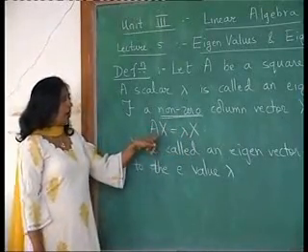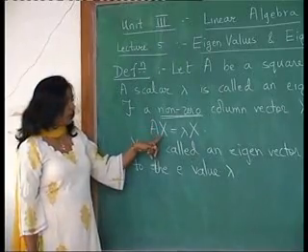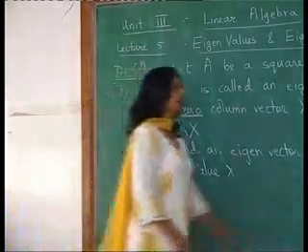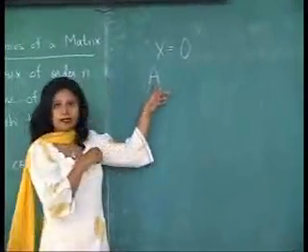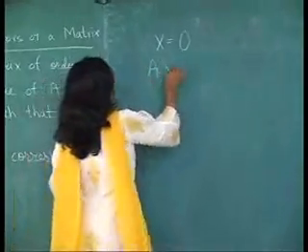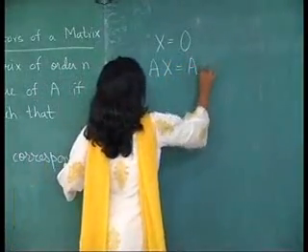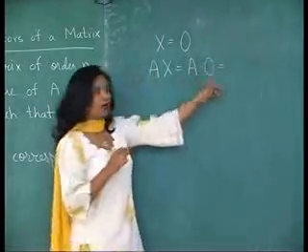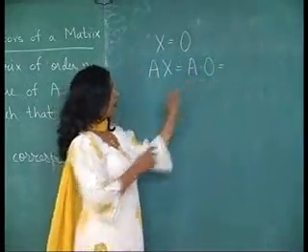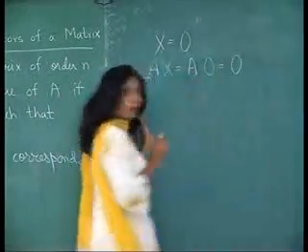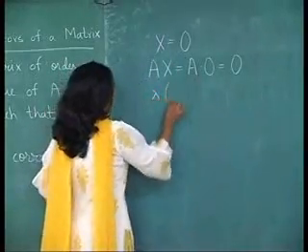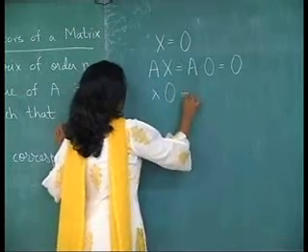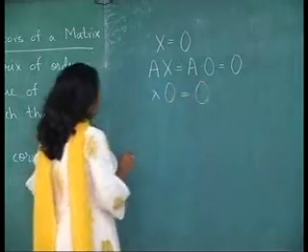If I allow x to be the zero matrix, then no matter what matrix A I take, A into x will be A into the zero matrix, and any matrix multiplied by the zero matrix is the zero matrix. Also, any scalar lambda into the zero matrix will be the zero matrix.